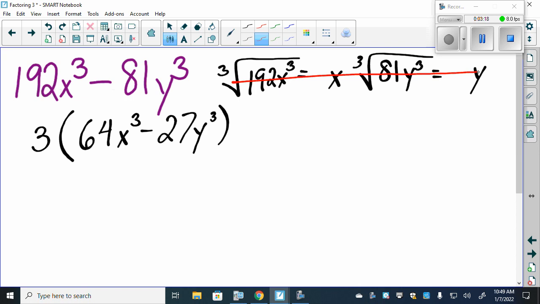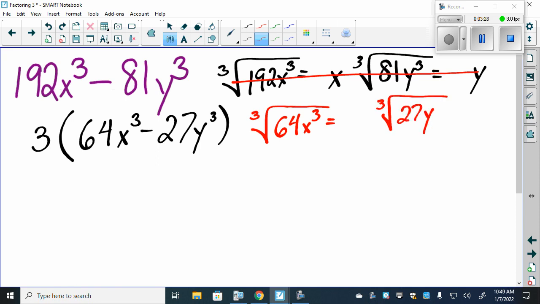So we can check this again and see, now can we take the cubed root of 64x cubed and see if we can take the cubed root of 27y cubed. So we'll see if we can take the cubed root of each one of these here.